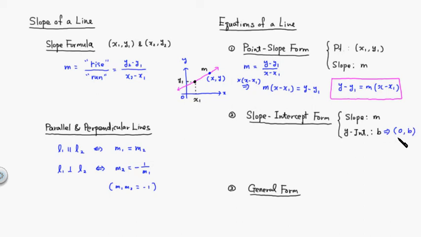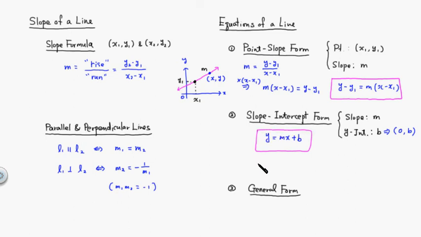This is right back to the same situation as the first one: the slope is given and you have a point, so x1 is 0 and y1 is b. Plugging in 0 for x1 and b for y1, you get y minus b equals mx, so y equals mx plus b. This is slope-intercept form, and we must be familiar with this one.